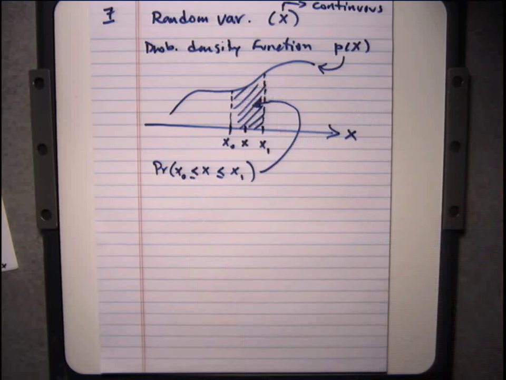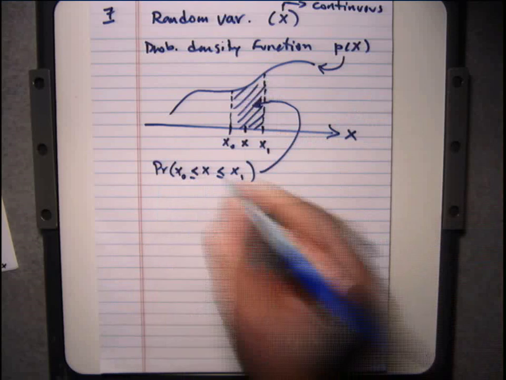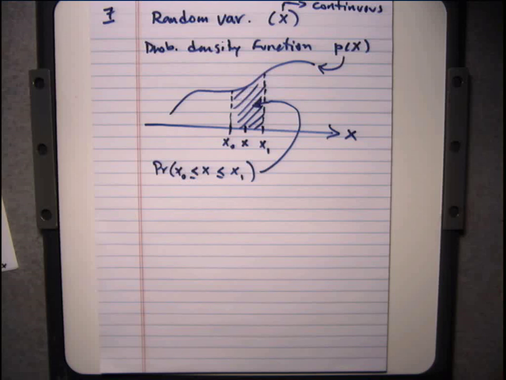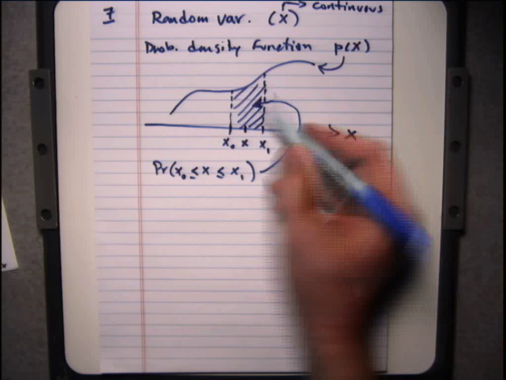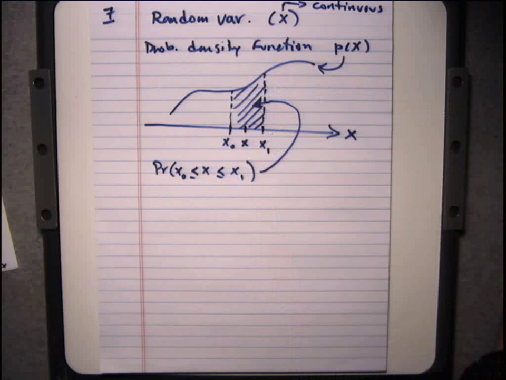Now here's a slightly tricky thing about all of this. What if I wanted the probability that x is exactly equal to some number? What is it? It's 0. Because the area under a line is actually 0. Okay?